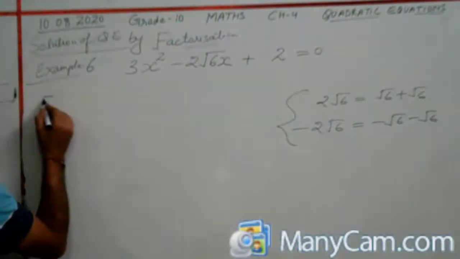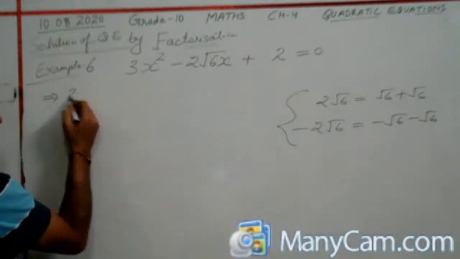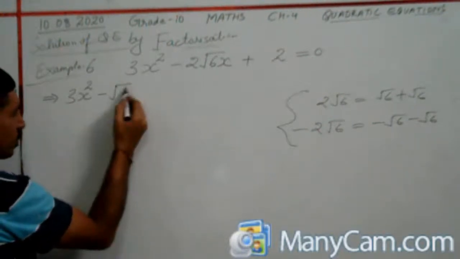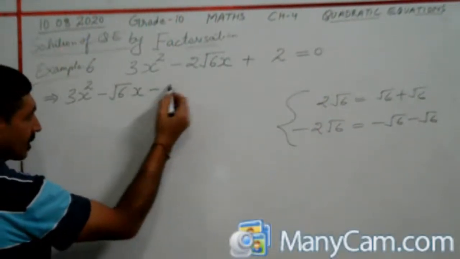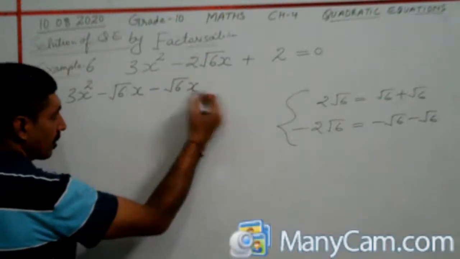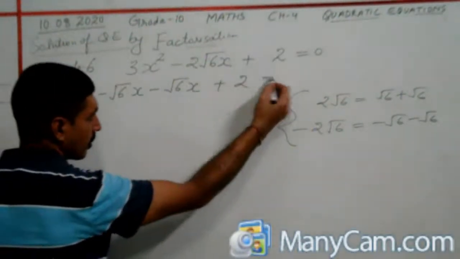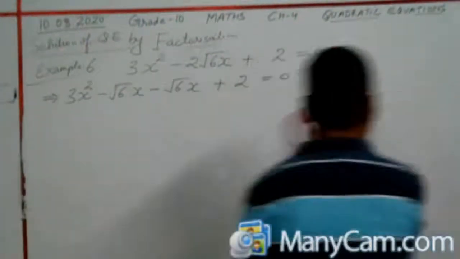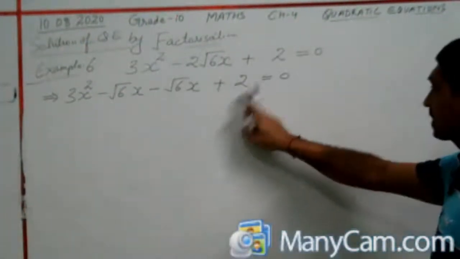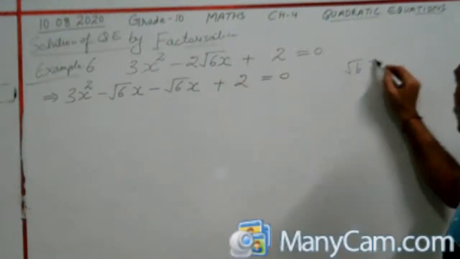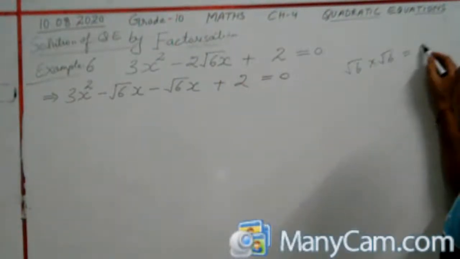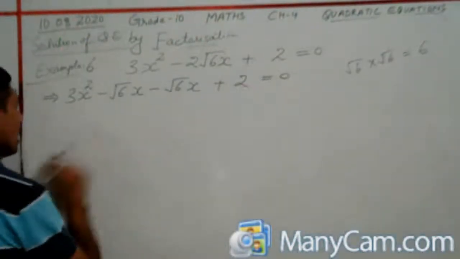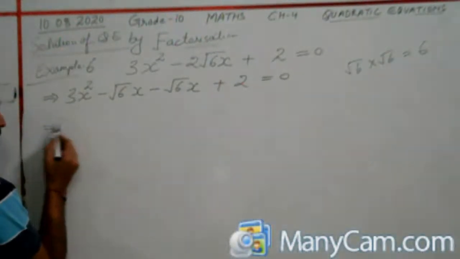So this implies that we have 3x square minus under root 6x minus under root 6x plus 2 is equal to 0. Why? Because here under root 6 into under root 6 is what? That is 6 only. So here 3 into 2, that is 6. So how to start?